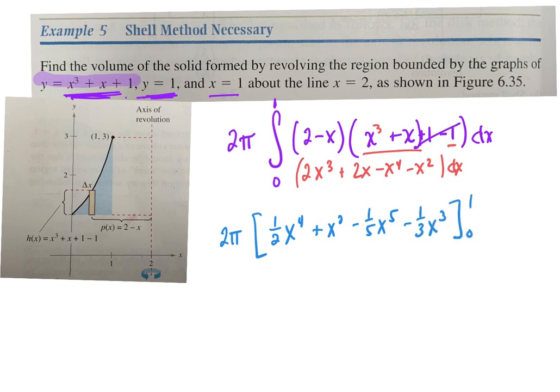From 0 to 1, plug in a 1. Common denominator should be 30.